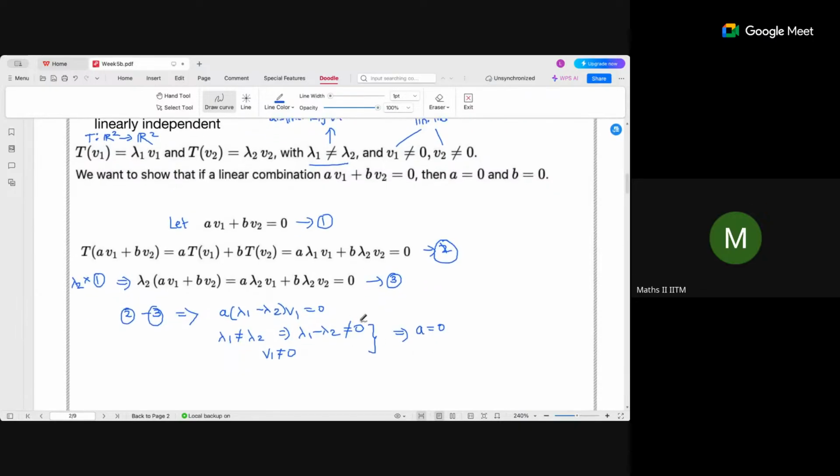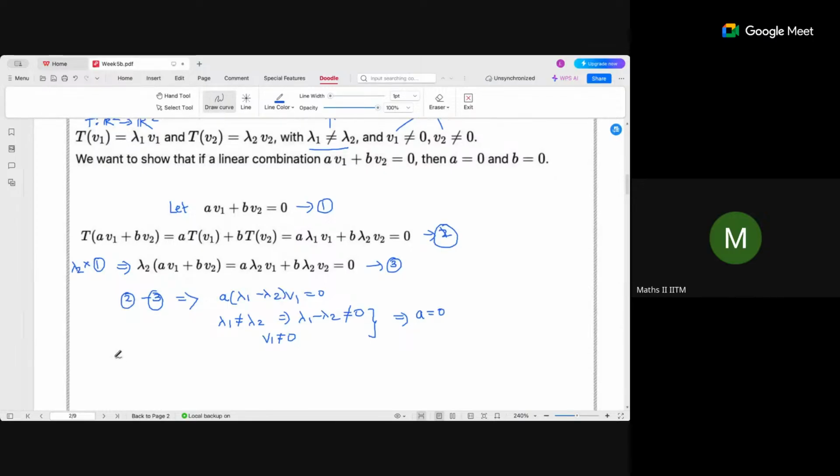Now, how will we make b as 0? We multiply equation 1 by lambda 1. Here you will get a lambda 1 v1 plus b lambda 1 v2 equal to 0. Let's call this equation 4. Now you do 2 minus 4.